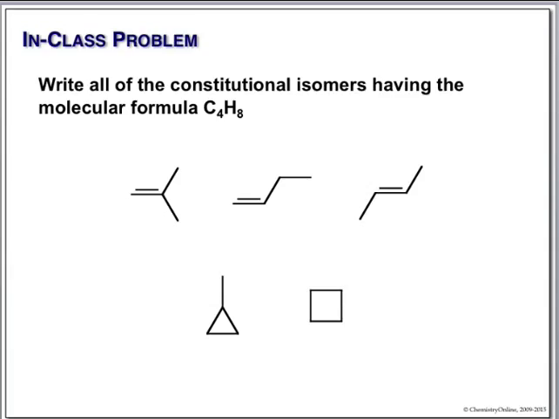Made our ring here, 4 carbons in a square. Here we have our 3-membered ring, and I just put 1 carbon sticking out as a side chain. Let's interpret this. We have 1, 2, 3, 4 carbons, 3 hydrogens, 4, 5, 6, 7, and 1 hydrogen here. That's 8.